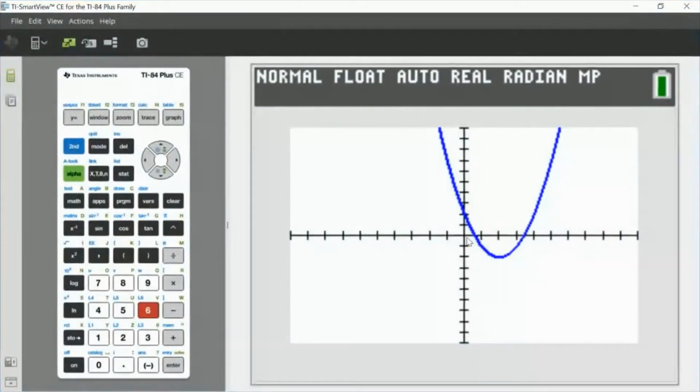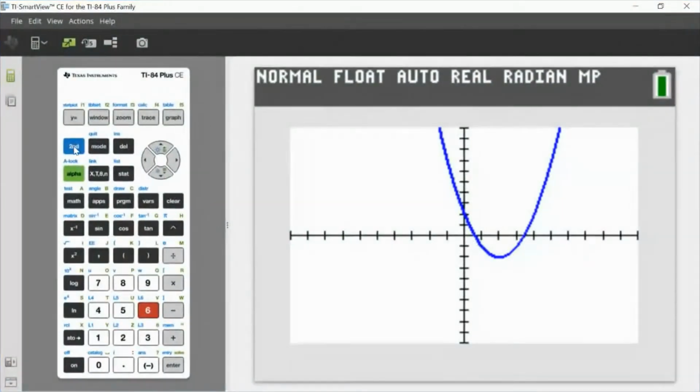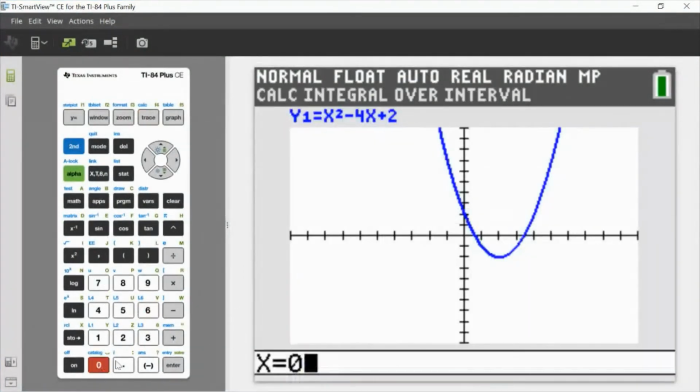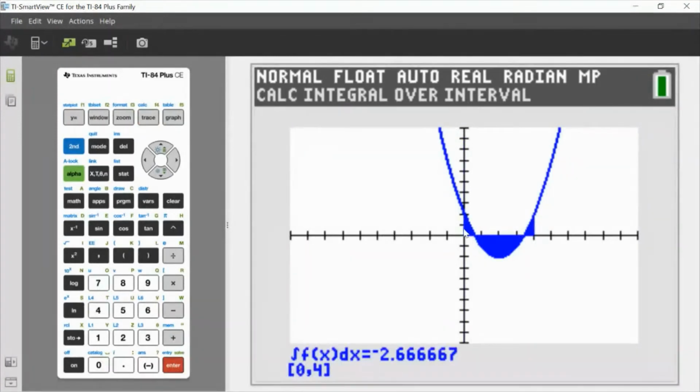We were taking the integral from 0 to 4. Notice the areas that I have here. I have these pieces that are above the x-axis, and this piece that's below the x-axis. So the net result there is I do have a negative integral value.